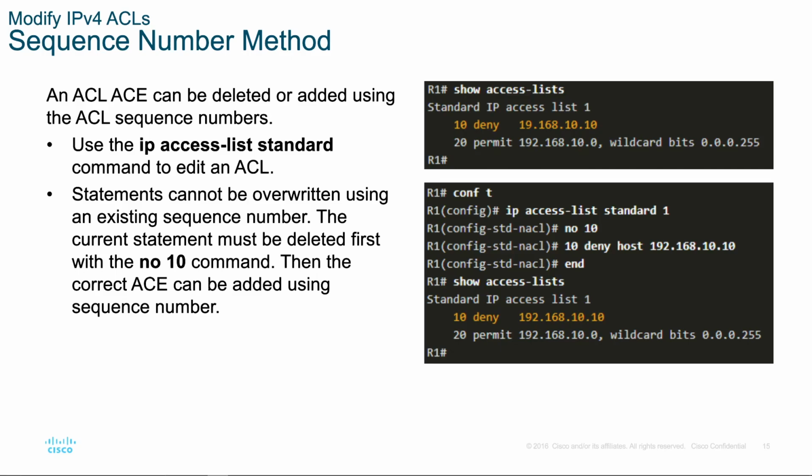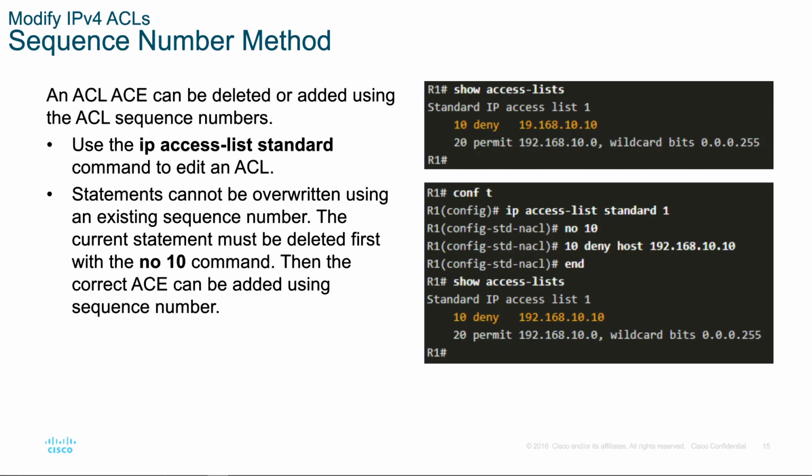So if you delete line 20, say line 20 in this example had the typo of 19.168.10.0, you would move that implicit deny statement to under line 10 when you delete line 20.